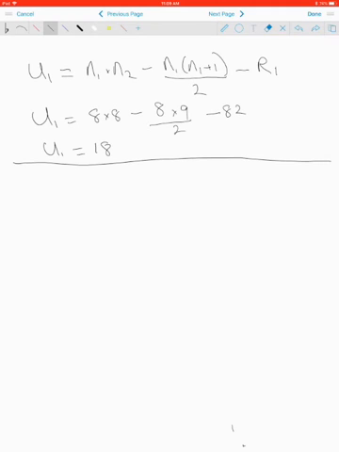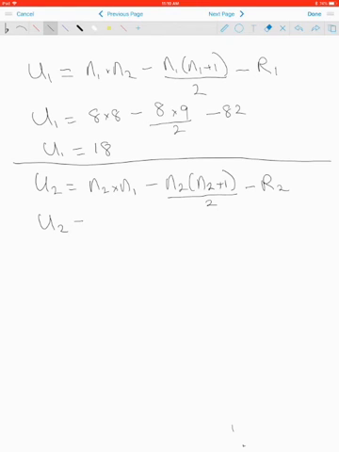Then we need to do the U2 statistic as well. So U2 is a similar equation. It's N2 times N1 plus N2 times (N2 plus 1) over 2 minus R2. So it's the analogous equation to the U1, and we're going to calculate that value.